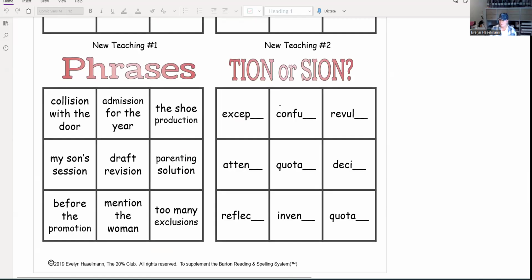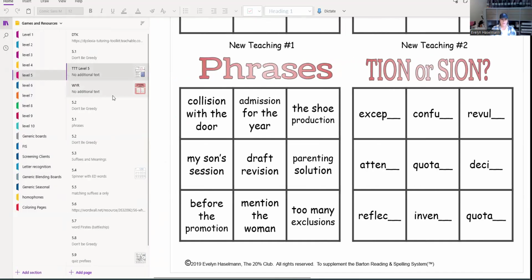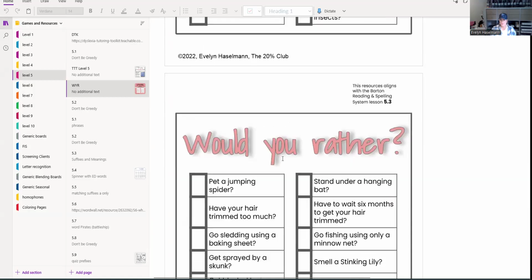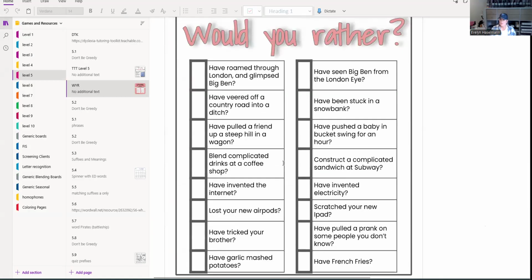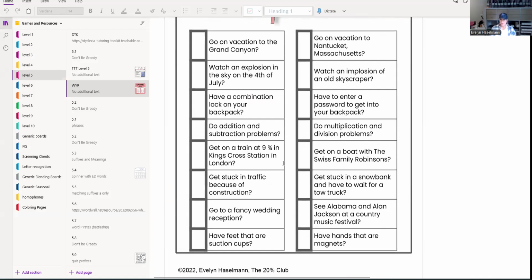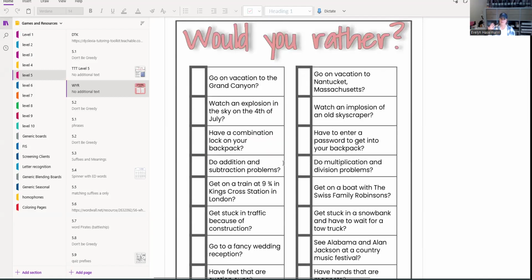Again, you can go ahead and review. These are appropriate for all ages. And finally, we have the Would You Rathers, and you can just scroll down to 5.7. Again, this would be more fluency than working specifically on spelling.